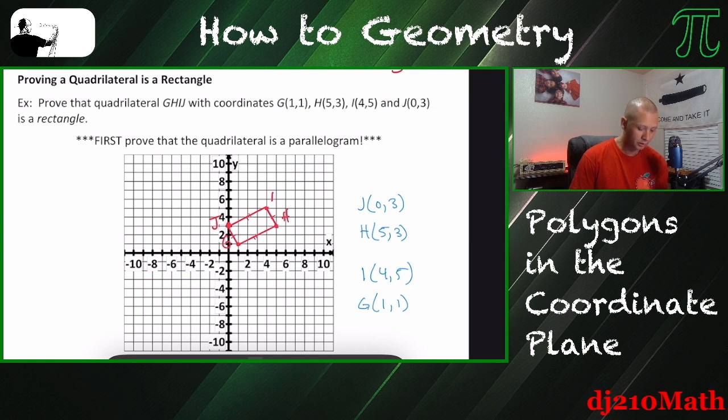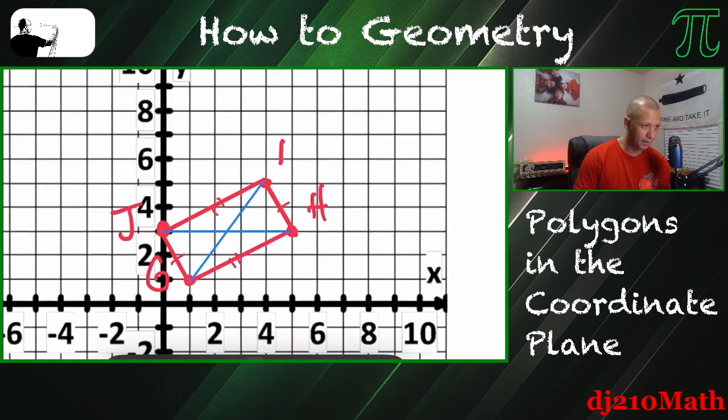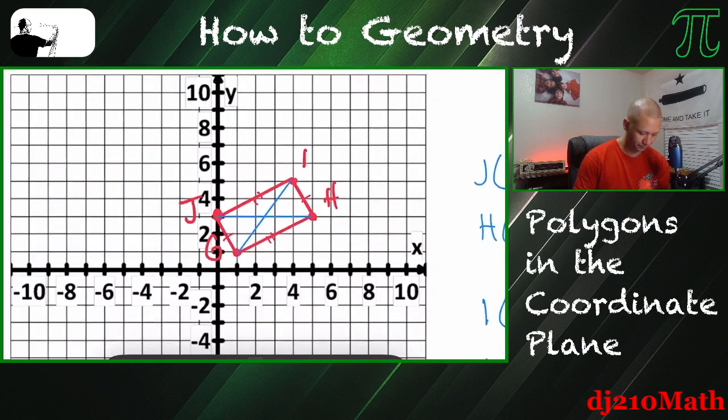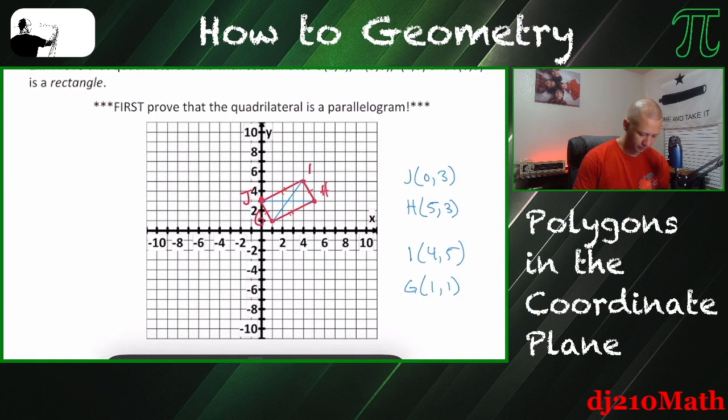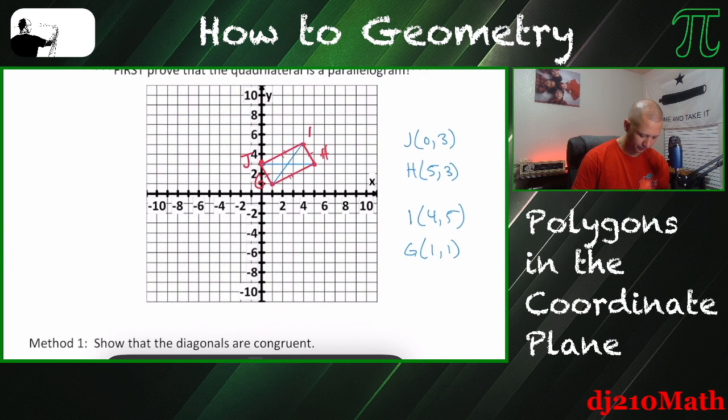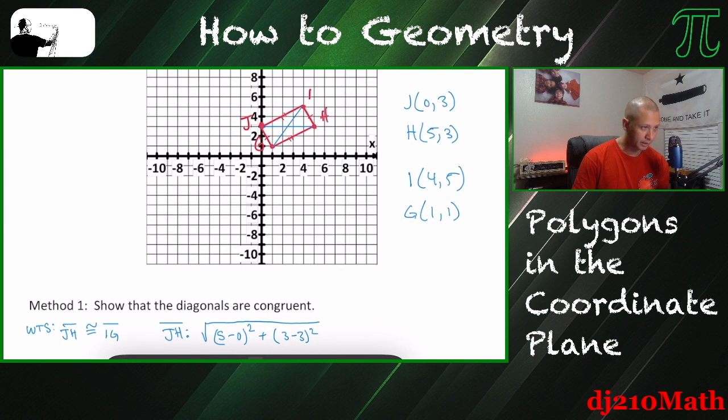So again, we want to show that the diagonals, JH and IG, are congruent, right? The diagonals, that's what we want to show. So we're going to do the distance formula on both of these. I want to show that JH is congruent to IG.